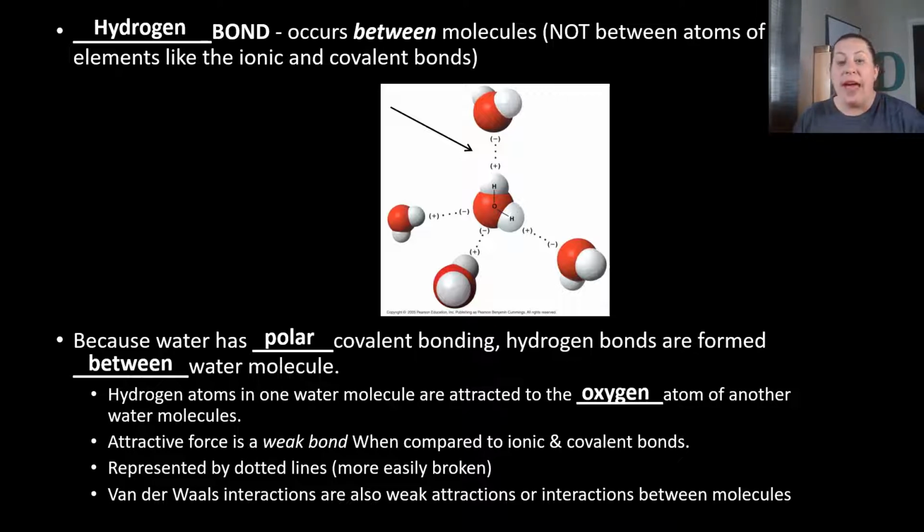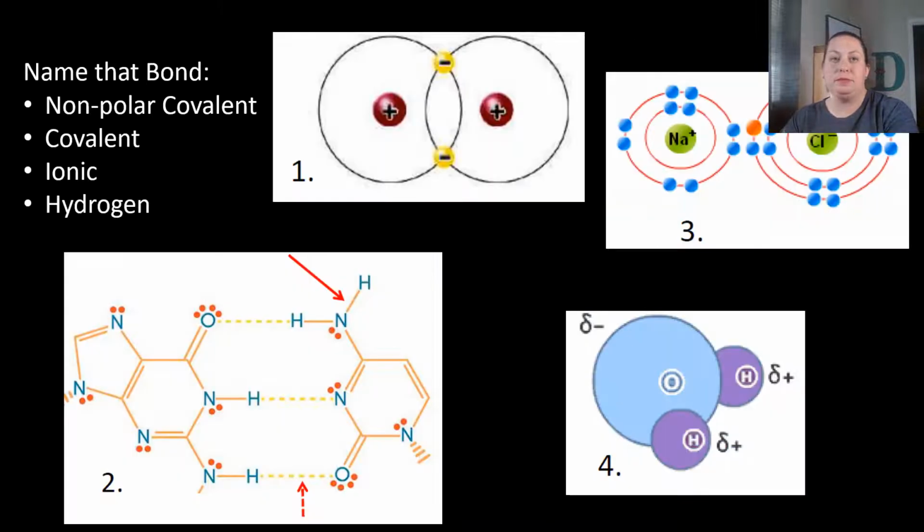But the more you have, the stronger it gets. So the more water you have, the stronger those bonds are. Okay, so this is a good example of hydrogen bonds. Another molecule that has a lot of these hydrogen bonds that we utilize in our cells besides water is DNA. So hydrogen bonds are really important.